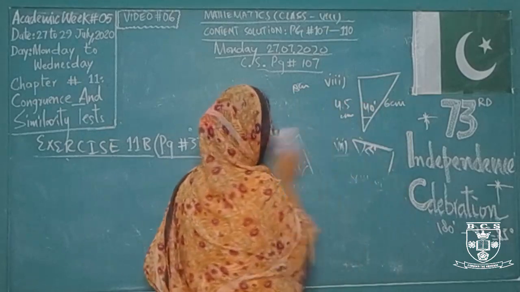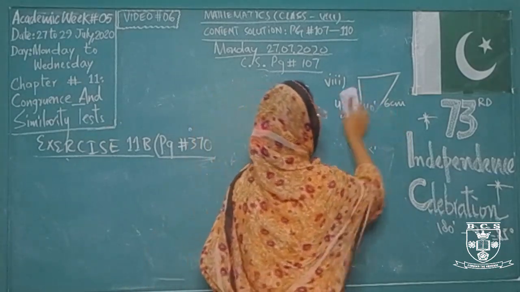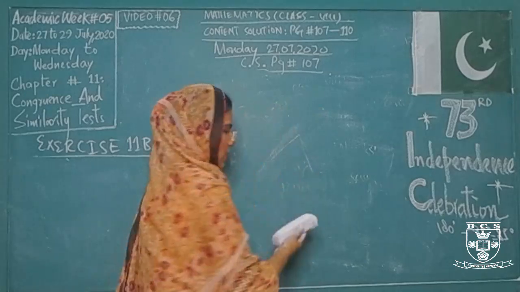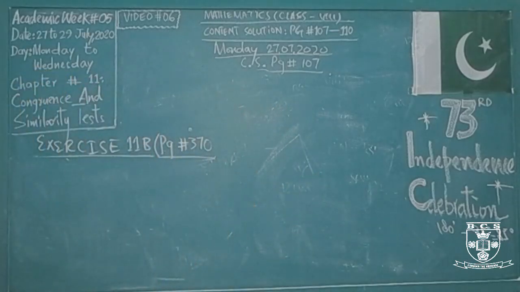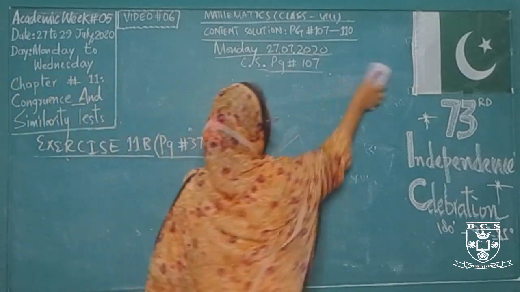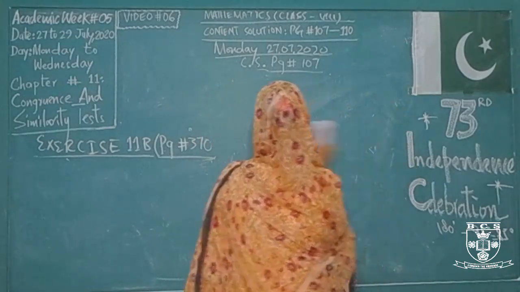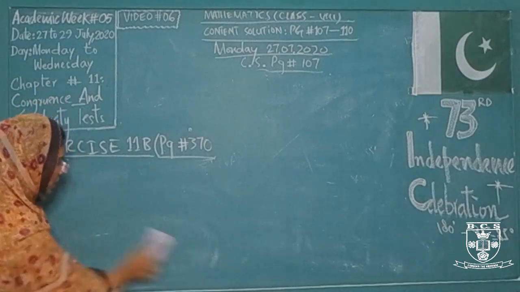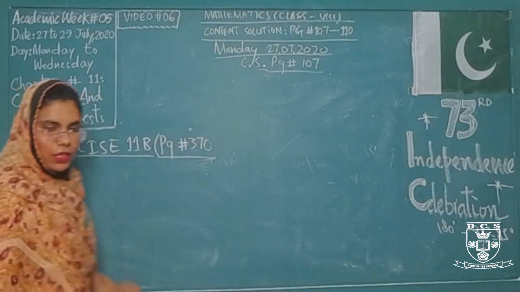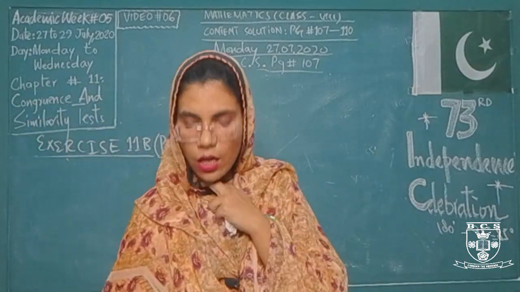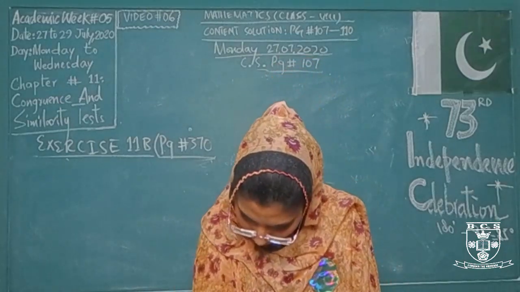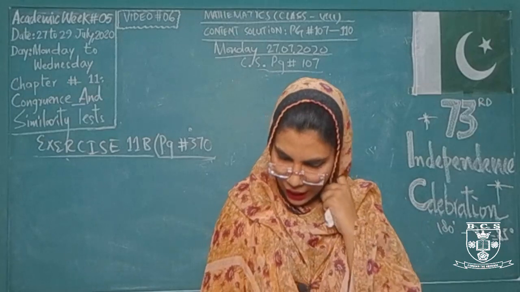Firstly, we will mention the corresponding points of the triangles. Then we will solve the remaining question by applying the different similarity tests, as we did in the last class for solving the congruent triangles. Question number 2 is also on the same page, page number 370.